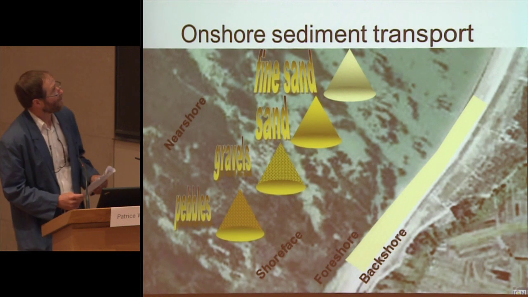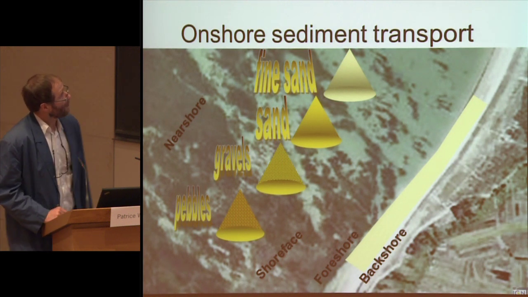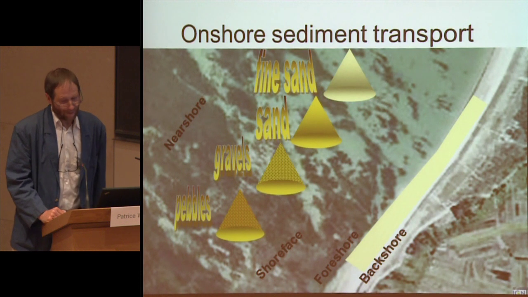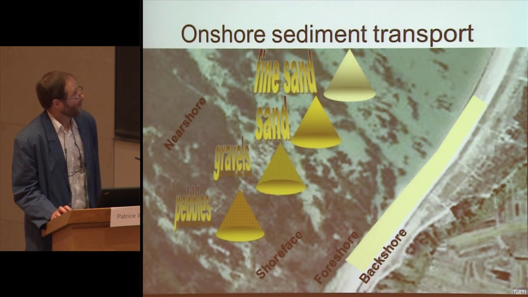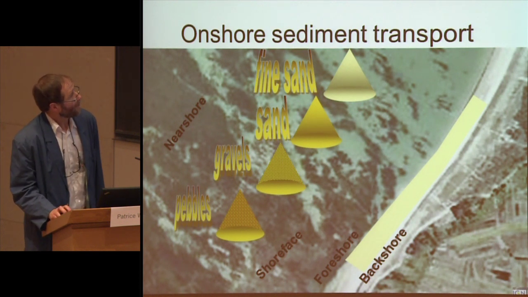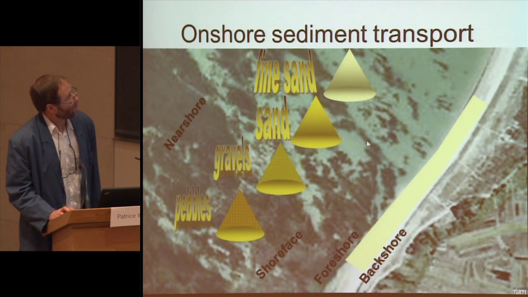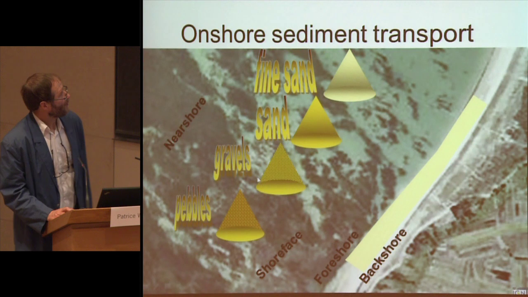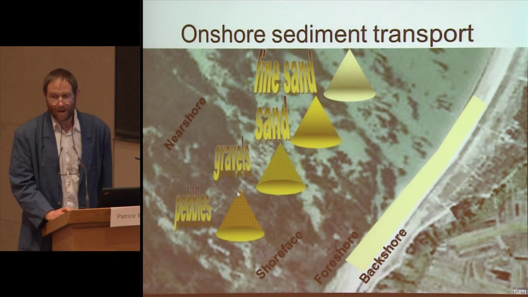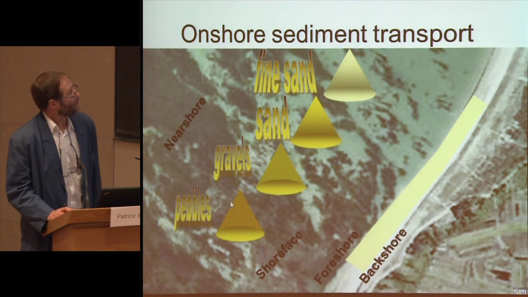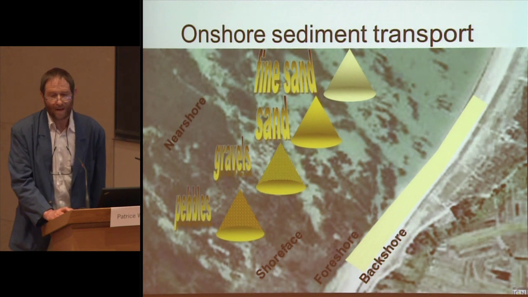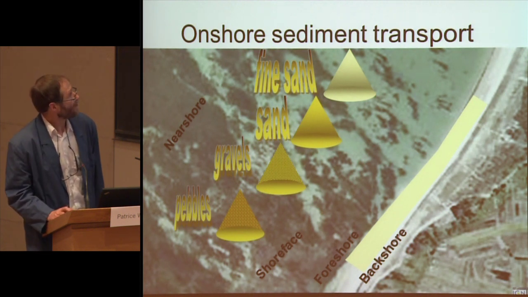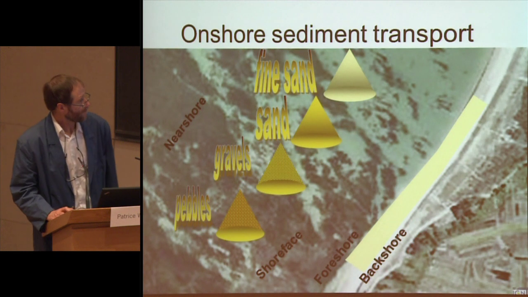If we consider this type of shore face, here we have 4 types of sediments: fine sand in light blue, gravels and pebbles, which are generated by weathering of rocky outcrops in the near shore.